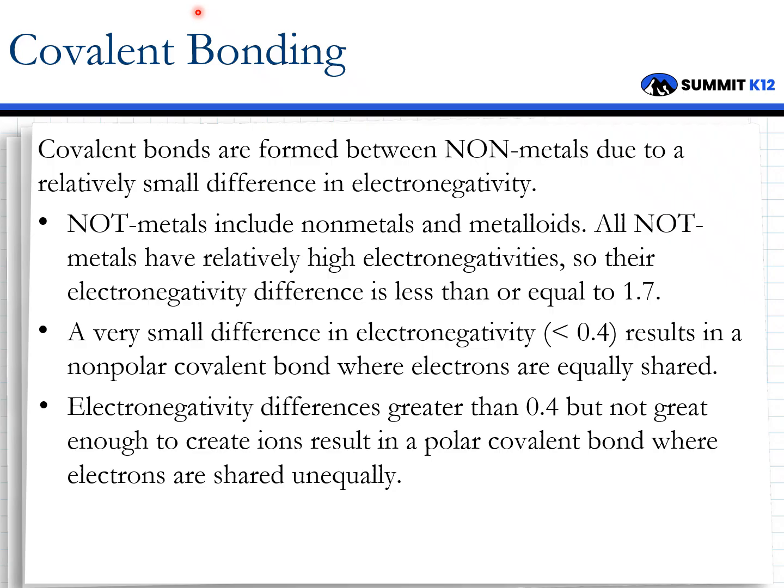So a very small difference in electronegativity, less than 0.4, results in a non-polar covalent bond where electrons are shared equally. Electronegativity differences greater than 0.4, but not enough to create ions, result in a polar compound where electrons are shared unequally.